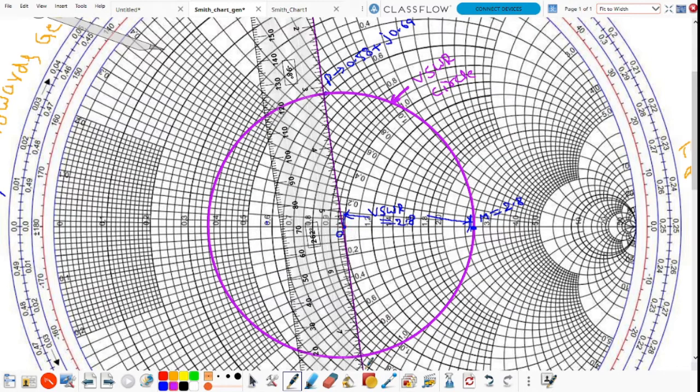That line crosses the VSWR circle, and that crossing point is considered as Q.